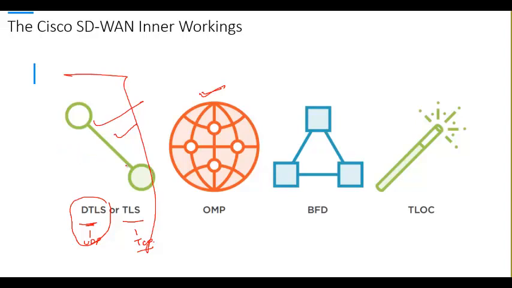So a lot more information is shared by OMP, not just like a traditional routing. OMP carries informations like routes, next hop, and then encryption key, and then policy information.